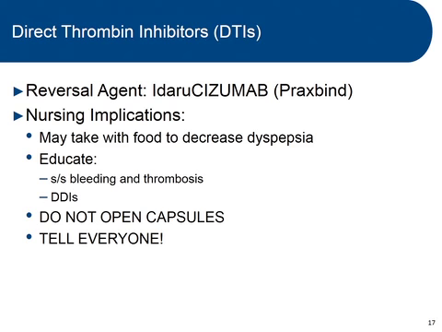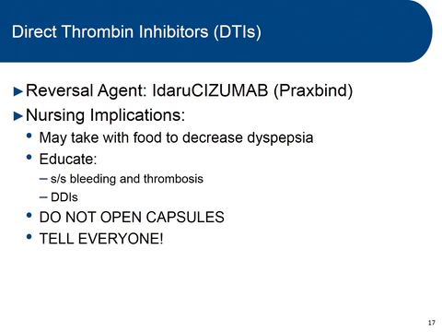Also, this drug is in a capsule form, and if the patient opens up the capsule and pours the contents over food, it increases the bioavailability of the drug by 75%. So think about that for a moment. If you increase the bioavailability by 75%, that means you effectively are increasing the effects of that drug by 75%. That can be a life-threatening situation. That could lead to life-threatening bleeding in these patients.